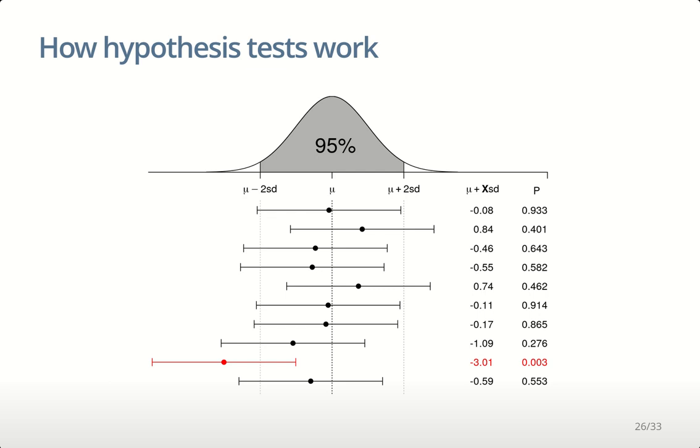So all of these ones are really typical, and they have typical p-values that we'd expect to happen all the time. This one here is very abnormal, it's far away, and we have a very small probability of observing that. So P is the probability of observing the particular sample under the assumption of the hypothesis.